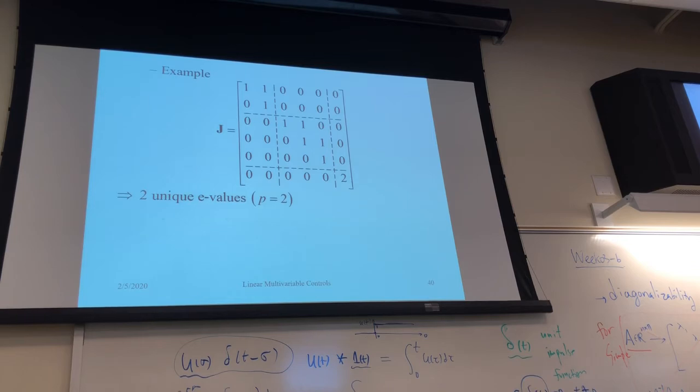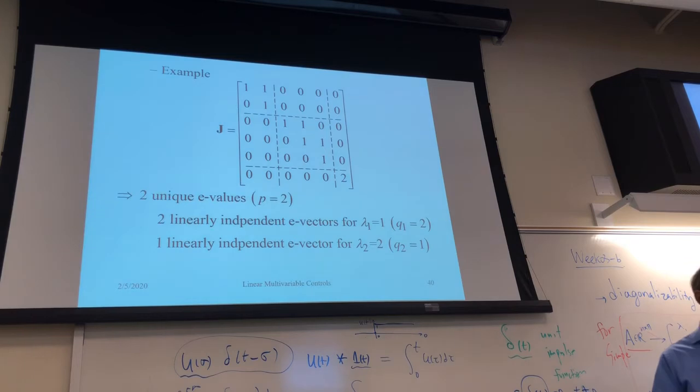P is 2. For lambda 1, Q1 is 2: you have two linearly independent eigenvectors for lambda 1. You have two distinct eigenvalues, 1 and 2, and you have one linearly independent eigenvector for lambda 2, so Q2 is 1.